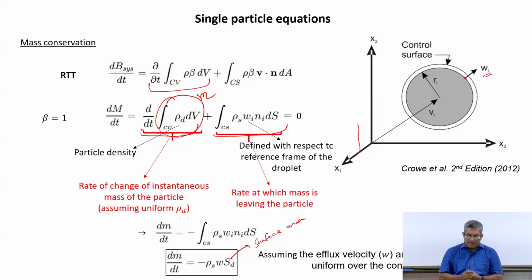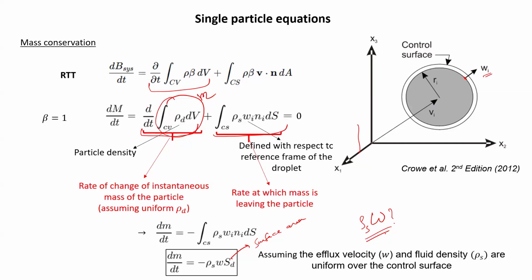Okay. But the story does not end here. The question is, how do we get information about this? Now, what is the unit of this? Density times velocity. You have come across it earlier. This is called mass flux. So, this refers to evaporation mass flux, or rate of evaporation per unit area, evaporative mass flux.